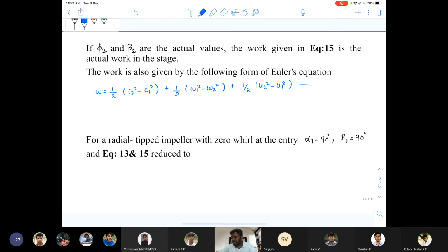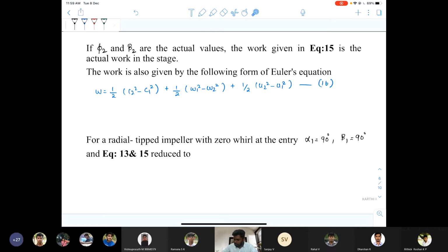This we have derived in Euler's equation, and we have extensively used it for solving problems on centrifugal fans and blowers. Consider this equation as 16. That is, W is equal to 1 by 2 the difference in absolute velocity, the difference in relative velocity, and 1 by 2 times the difference in peripheral velocity.